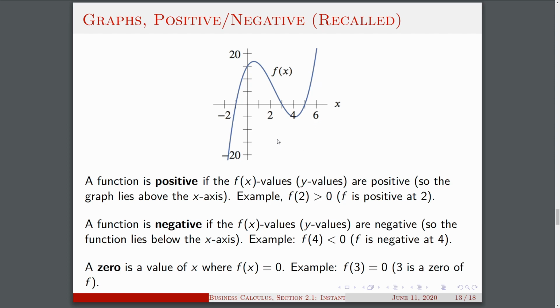And a function is negative if the y values are negative, which means the function lies below the x-axis. And it's 0 at the points where it crosses through the x-axis. All right. So whether a function is positive, negative, or 0, it depends on the x-coordinate, right? At each x-coordinate, it may be negative, it may be 0, it may be positive, and so forth.